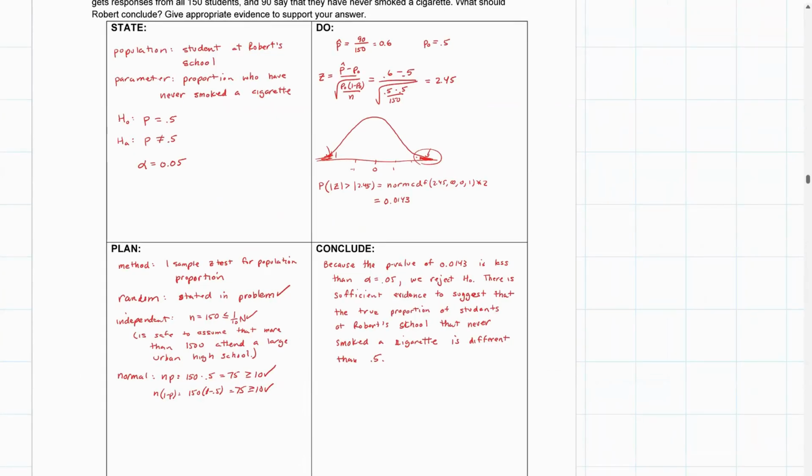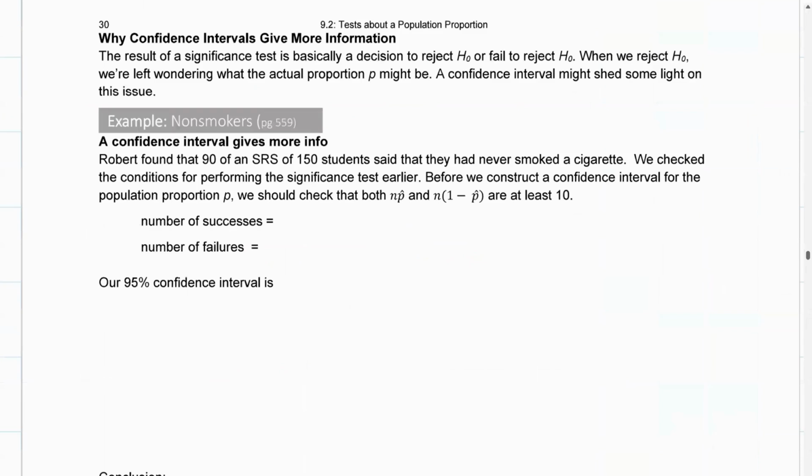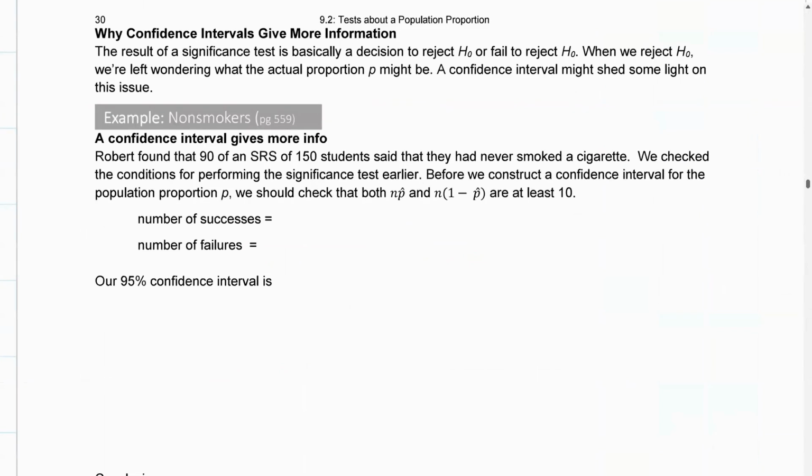Okay, now there's a connection between this four-step problem that's a two-sided problem, a two-tailed problem, and confidence intervals. If we were to do the same process and do a confidence interval with the number of successes being 90, the number of failures being 60, we would say that again, p hat is 0.6, and we could have calculated a 95% confidence interval. 1.96 square root 0.6 times 0.4 over 150.